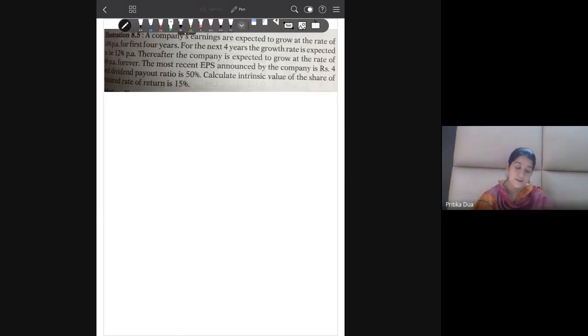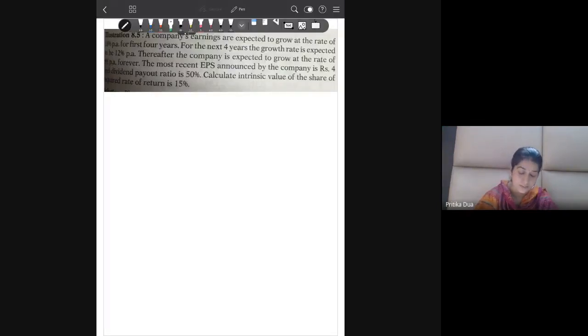The company's earnings are expected to grow at variable growth rate. If you have a look at the question, the growth rate for the first 4 years is 18%. Then for the next 4 years is 12%.